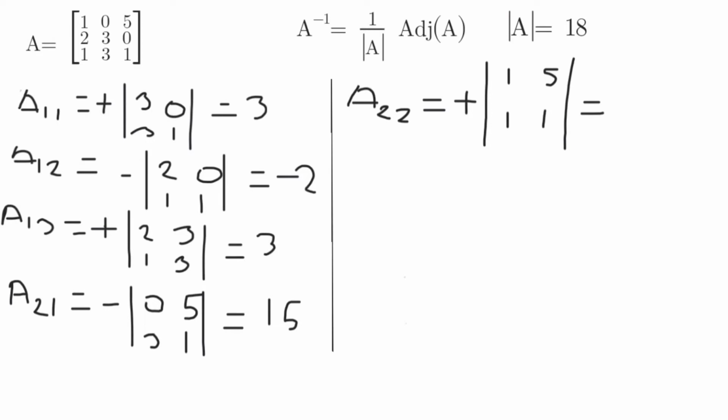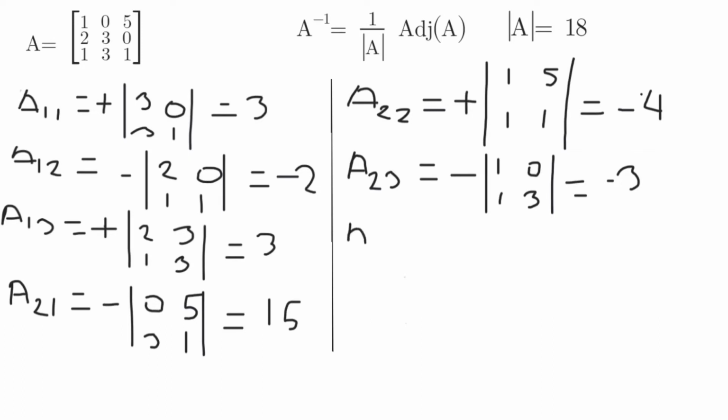So it will be the determinant of 1, 5, 1, 1, which is 1 minus 5, that is minus 4. Now A23 is negative of the determinant of 1, 0, 1 and 3, and it is equal to minus 3.